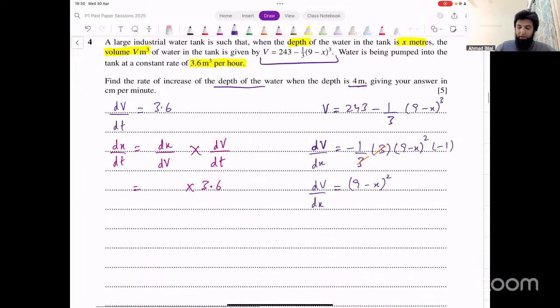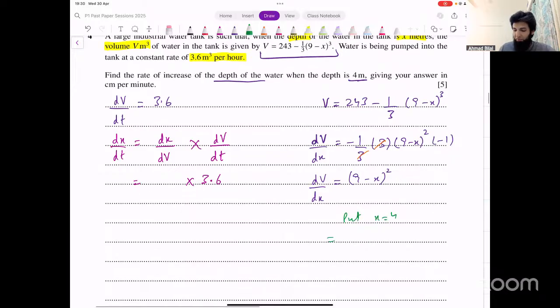Now we want the value of dx over dt when the value for x is equal to 4. So we can input x equal to 4 in this now. 9 minus 4 whole squared, that's 5 squared. So dV over dx at that particular point turns out to be 25. We want dx over dV here, so that will be the reciprocal of this.